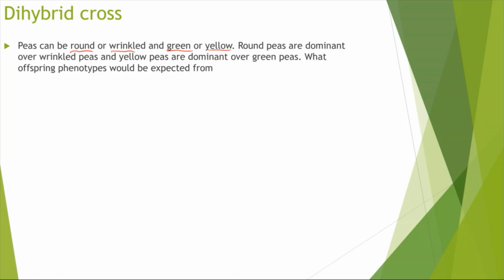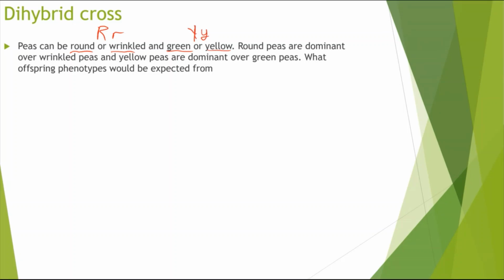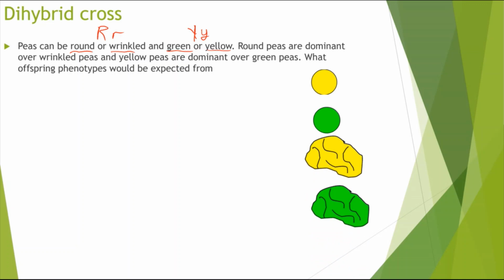For the first one, round or wrinkled, I can just use R, so capital R or lowercase r. And for the green and yellow, I can just use capital Y and lowercase y. So from this, I could have 4 phenotypes. I could either be yellow and round, green and round, yellow and wrinkled, and green and wrinkled. So these are the 4 phenotypes I could have.